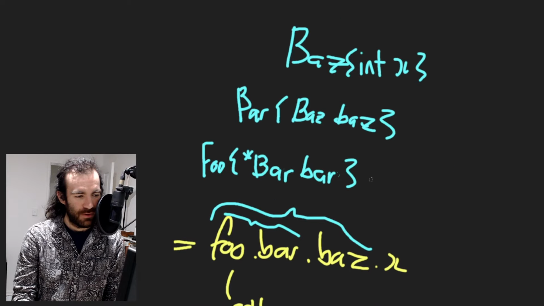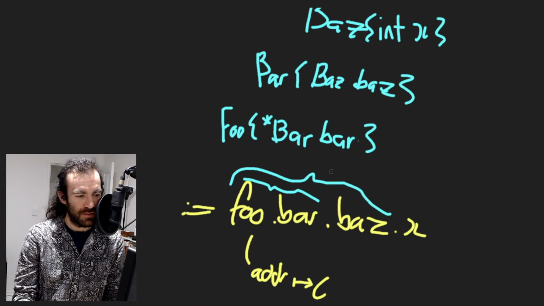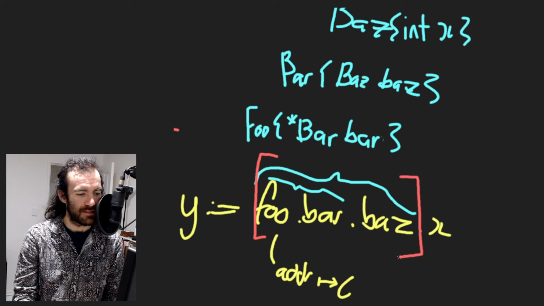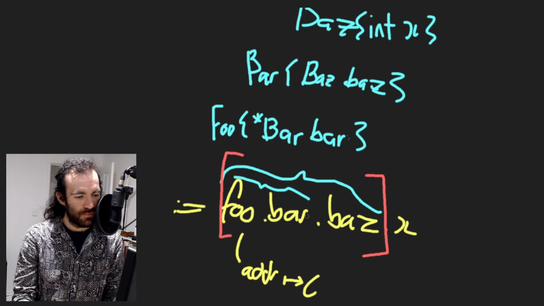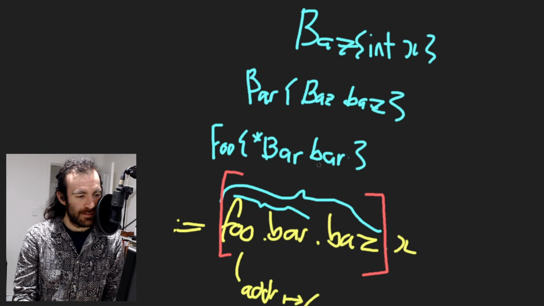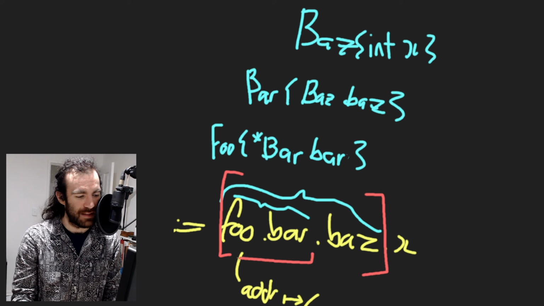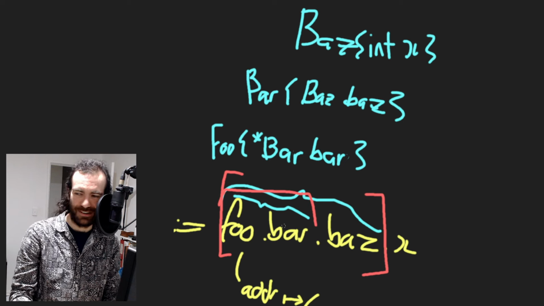Now, what if we stopped here where it was just foo.bar? How would we deal with this? Or foo.bar.baz, right? Where the type of foo.bar is a pointer to a bar. Yeah, so this is where we need to think about it. So this would be our left-hand side. Sorry, this is getting very noisy. I've got a lot of color going on.